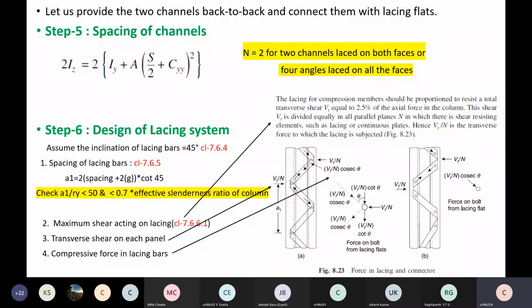Okay. So the maximum shear acting on the lacing, from clause 7.6.1, is given as 2.5% of the axial force in the column. We already know the axial force in the column is 1080 kilonewton.